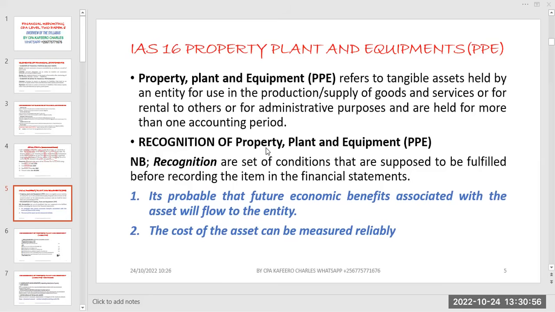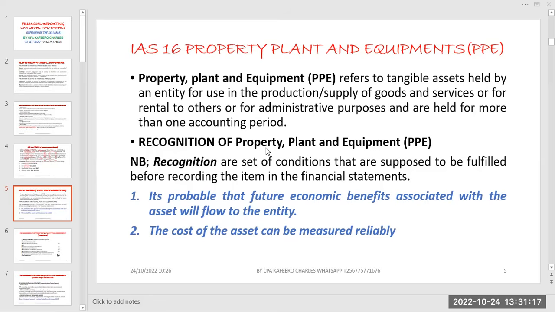The components of financial statements are mainly three: cash flows, balance sheet, and profit and loss, or the income statement or statement of comprehensive income. So that's basically how we went as far as they are concerned.